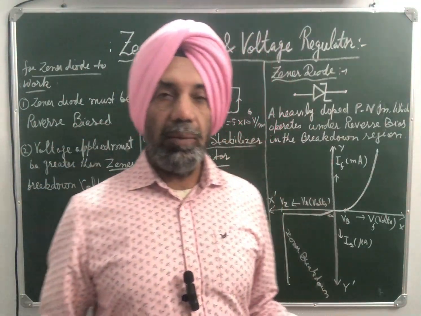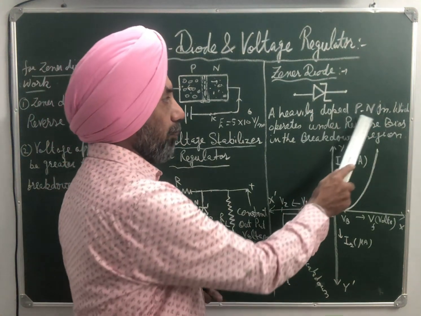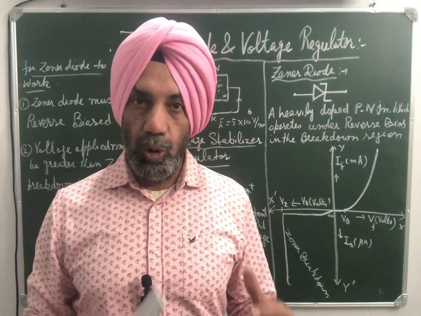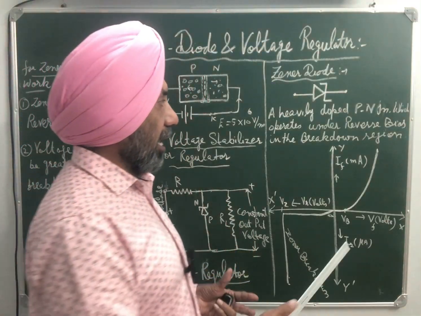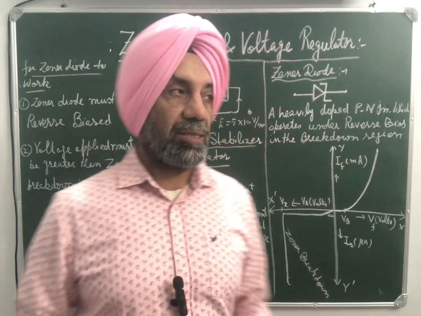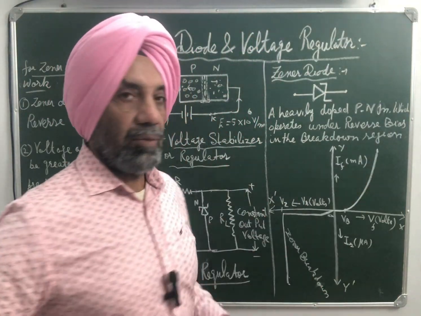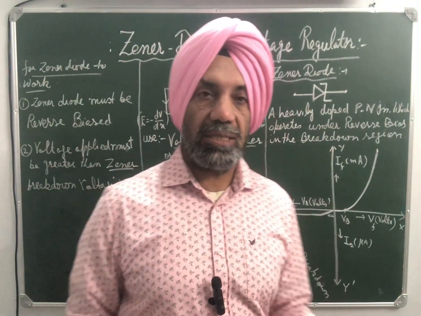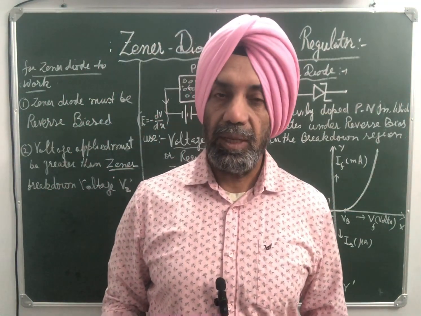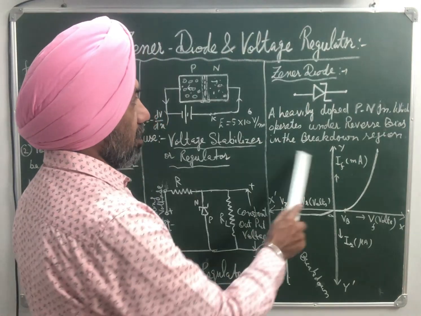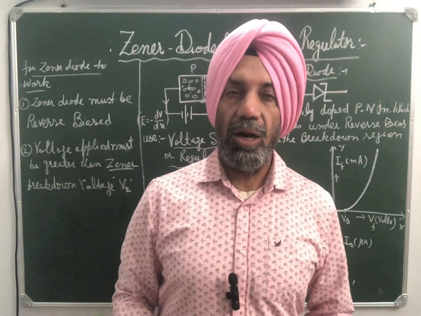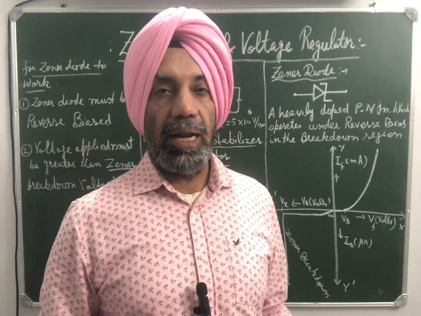Zener diode is nothing but a heavily doped PN junction diode which operates only under reverse bias conditions in the breakdown region. And this Zener diode can be used as a voltage stabilizer, or you can say a regulator.